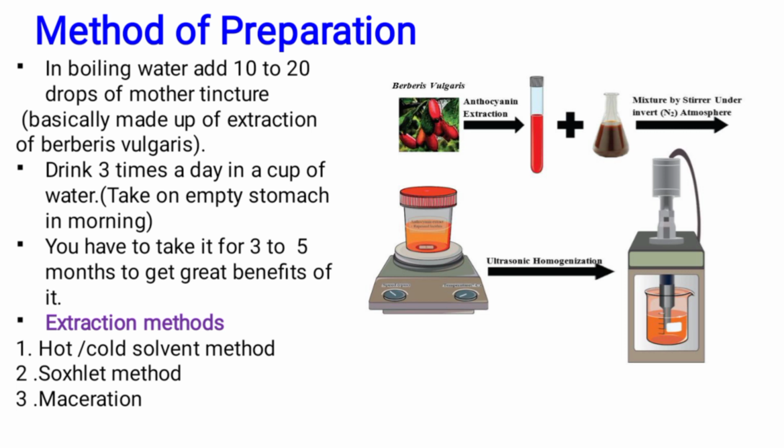Take on an empty stomach in the morning, as Ayurvedic medicine as well as homeopathic preparations act on your body when it is empty. That's why it is suggested to be taken in the morning. You have to take it for 3 to 5 months to get a great benefit from it. Extraction methods: it is extracted by the Soxhlet method, maceration, hot or cold solvent method.